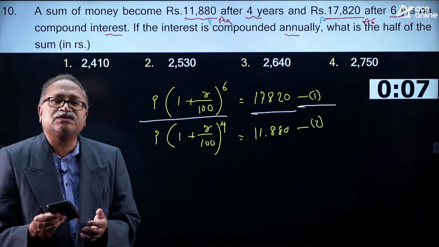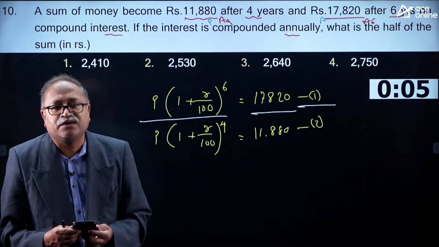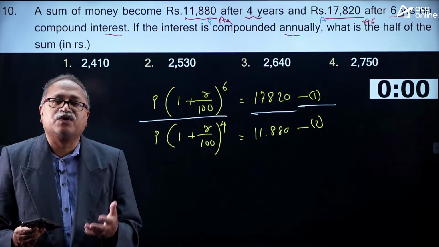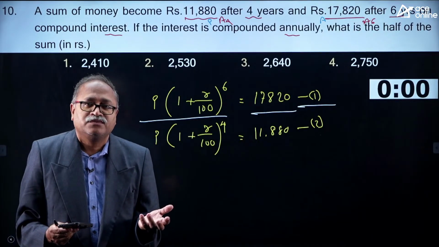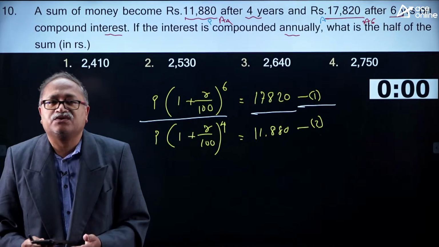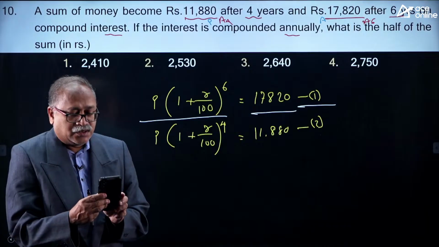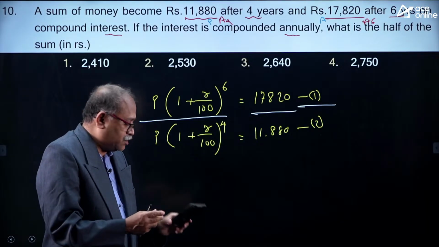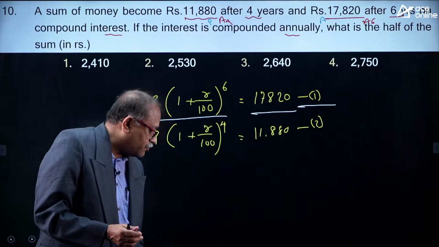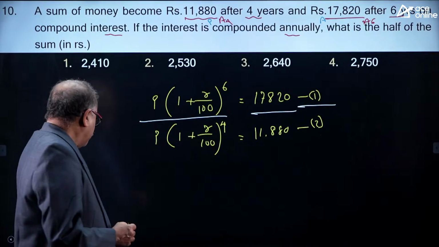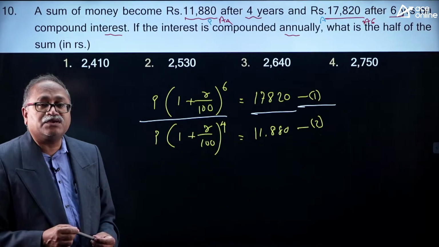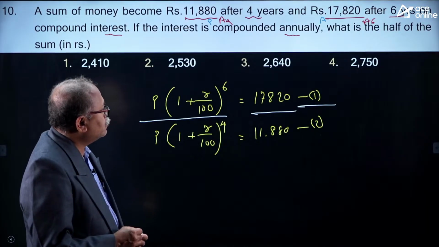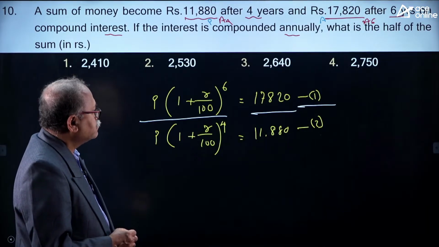If I am doing the same thing my competitor does, and if I am answering the same questions my competitors are answering, how do I make the advantage over them? Come on. It's good that a few people are watching. Now the rest is the calculation part only, and I am sure you will be able to cancel this one.